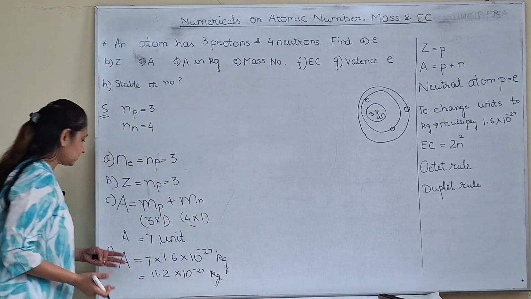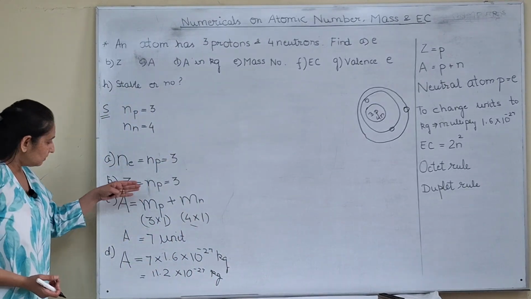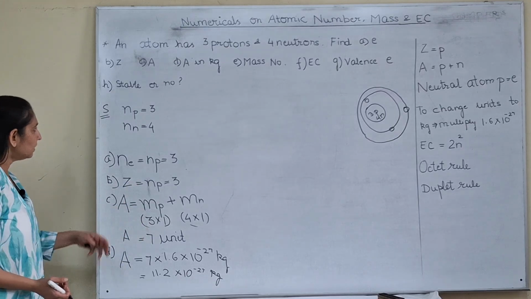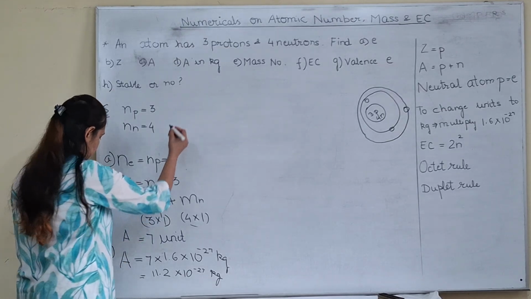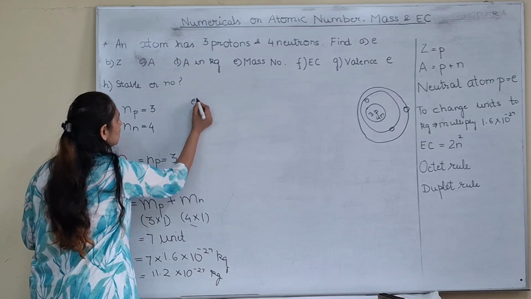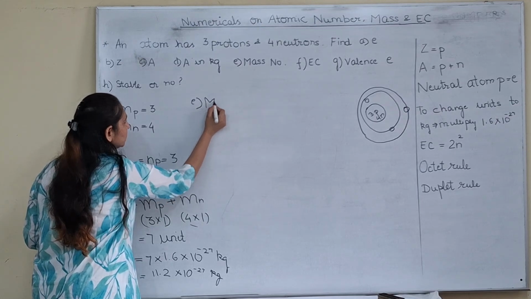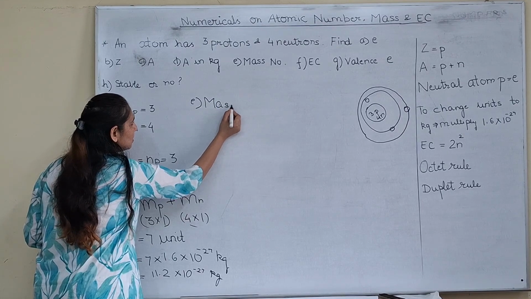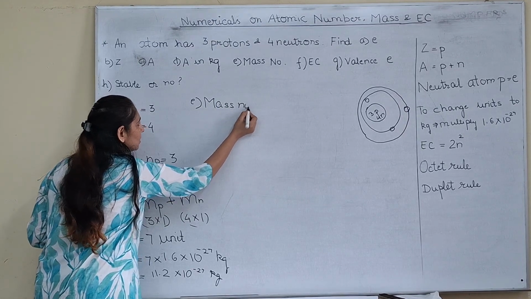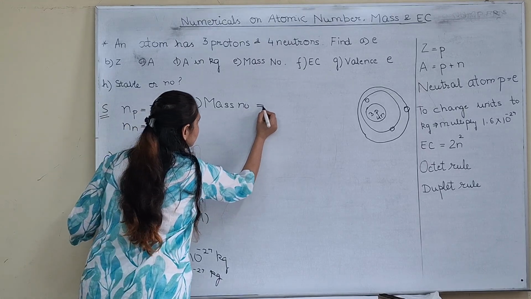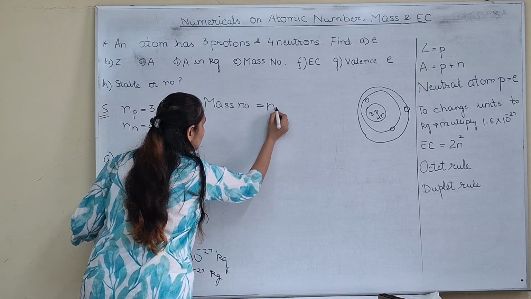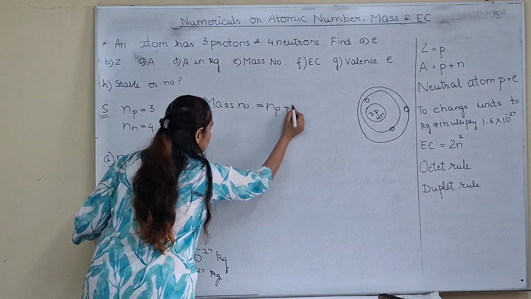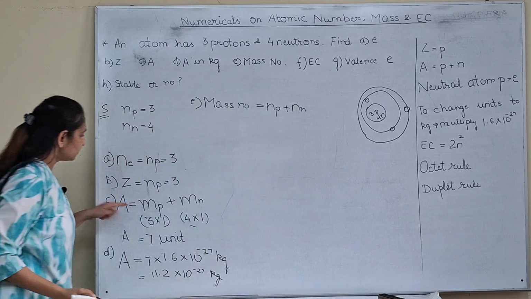What will the mass be? What was mass number? We did the definition of mass number. It is number of protons plus number of neutrons. See, there is a difference.